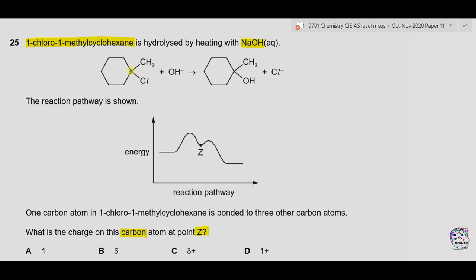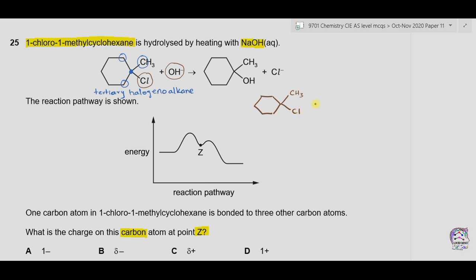We have this carbon, and it is bonded with this carbon, and this carbon, so this is a tertiary halogenoalkane. Now we can see that in this reaction OH is replacing Cl, so this is a nucleophilic substitution reaction. The nucleophilic substitution of a tertiary halogenoalkane takes place in 2 steps.